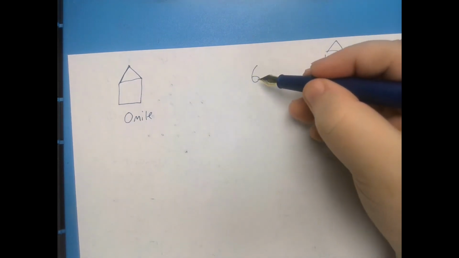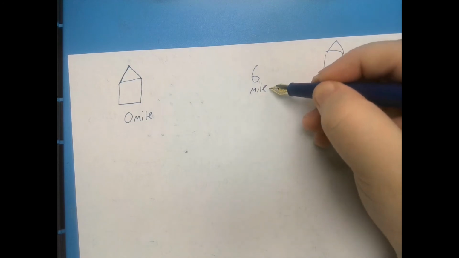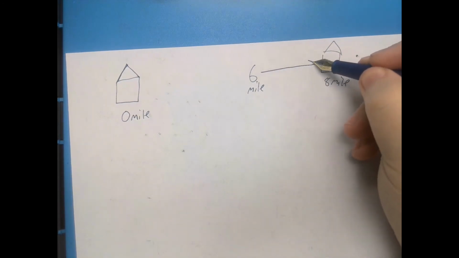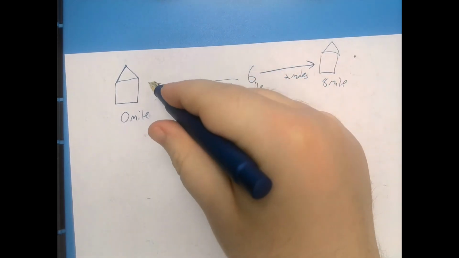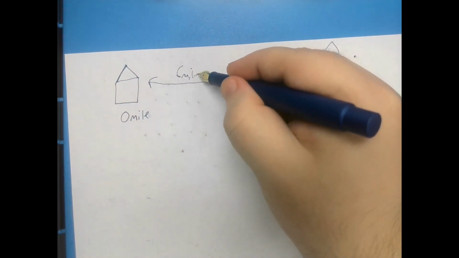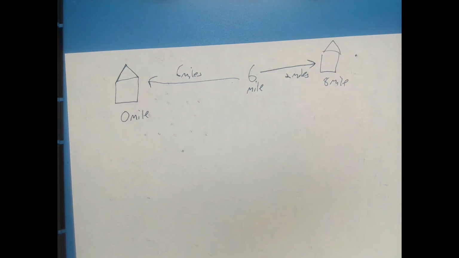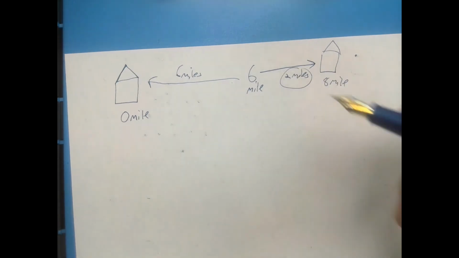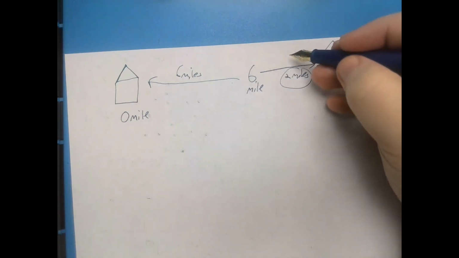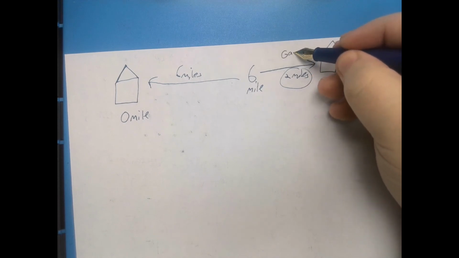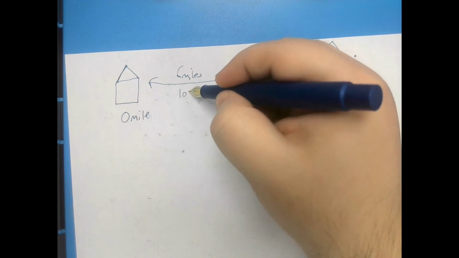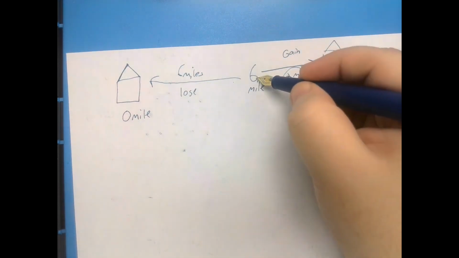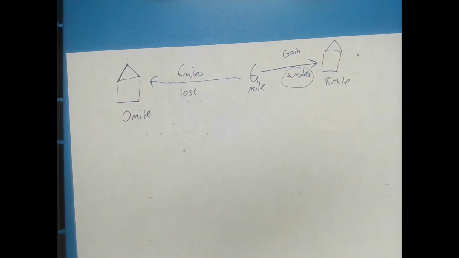If you are at the 6-mile marker, would you rather walk 2 miles to this gas station or walk 6 miles to this one? If you're going this side you are gaining 2 on your mile marker, and on your left you are losing the 6 to get to the 0. Does that make more sense?